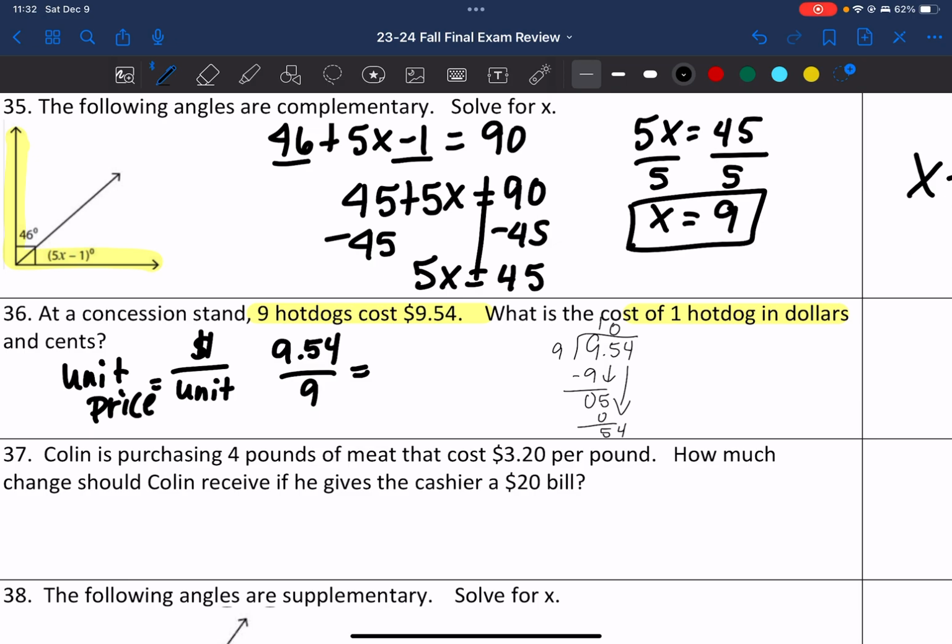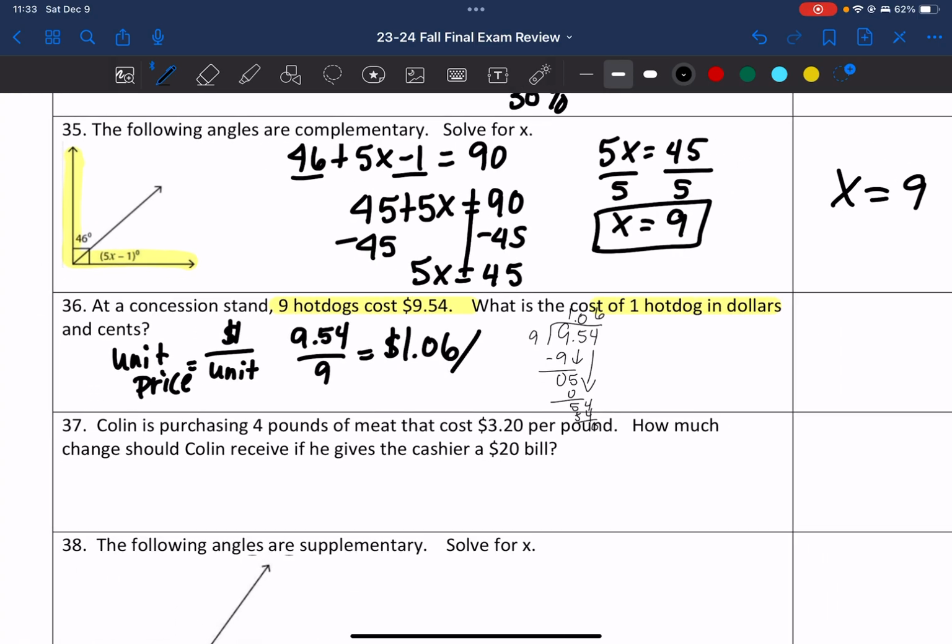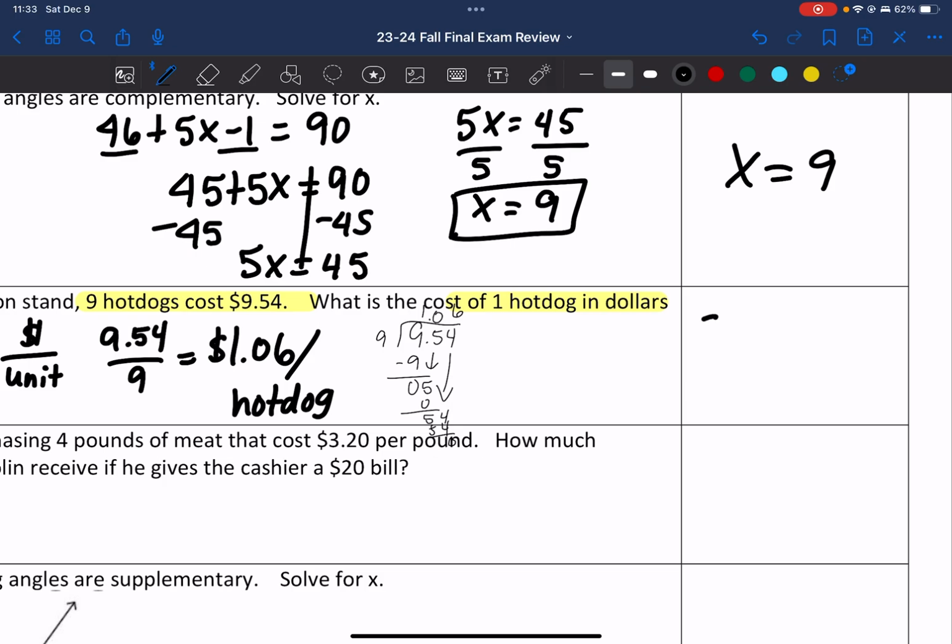Yes, about 6 times, right? 9 times 6 is 54. So here, bring up that decimal. My answer is going to be $1.06. Okay, per hot dog. So let's write that answer over here. $1.06 per hot dog.